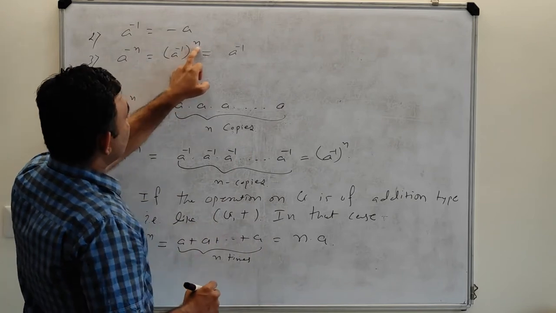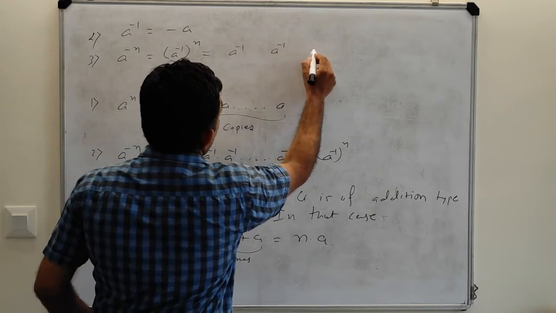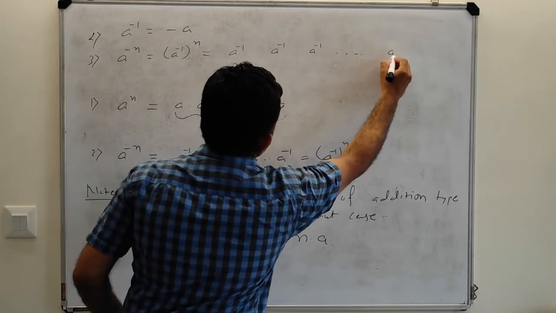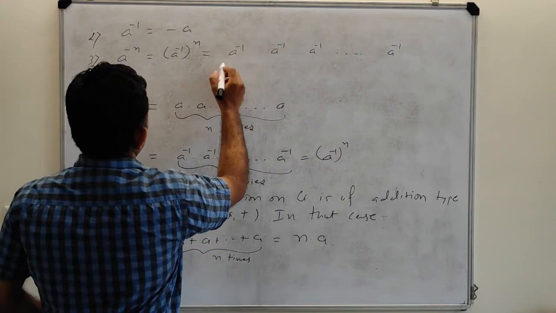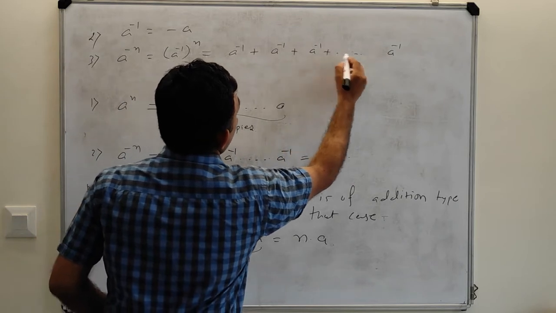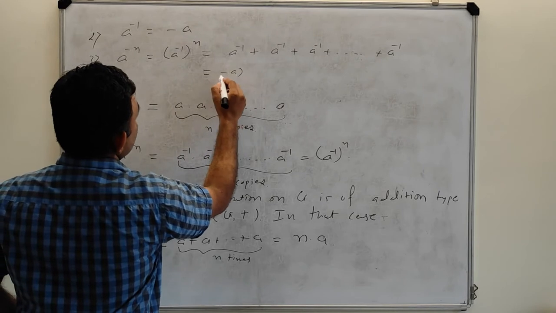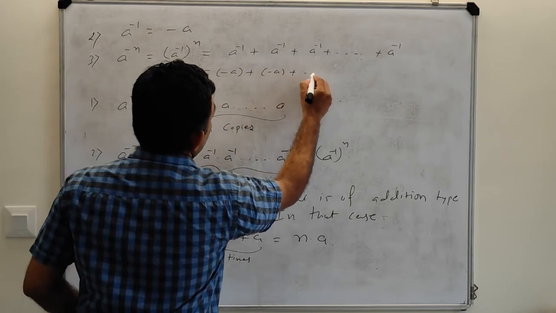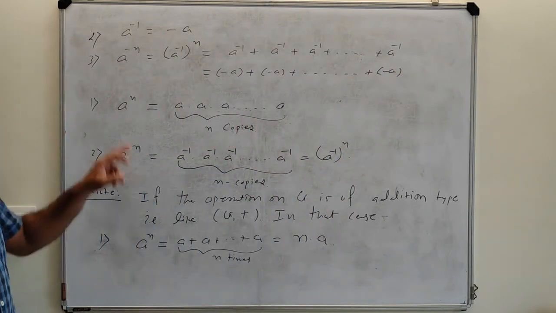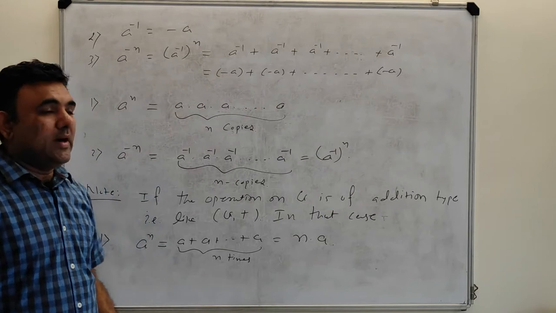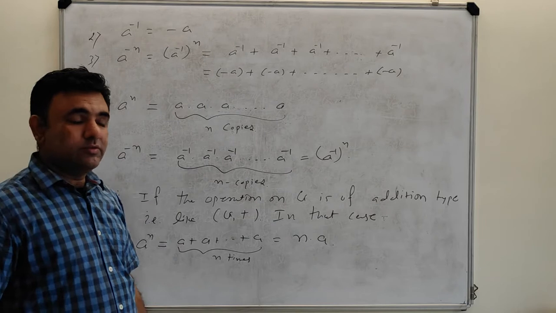So here a raised to minus 1, n times in G plus means a raised to minus 1, a raised to minus 1, and so on, n times, but with additive notation. But a raised to minus 1 we just write as minus a. So minus a plus and so on, plus minus a, n times. So a raised to minus n means minus a, n times. So these are some basic notations of the group.